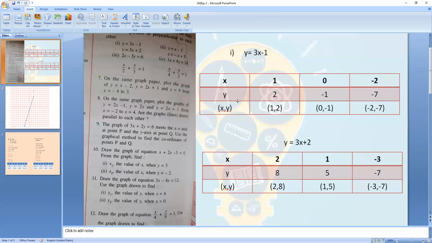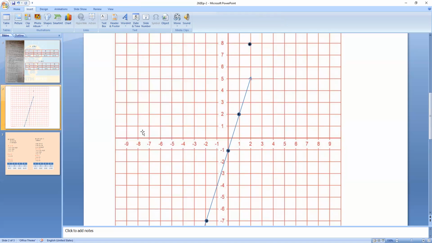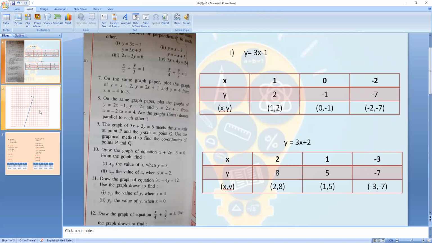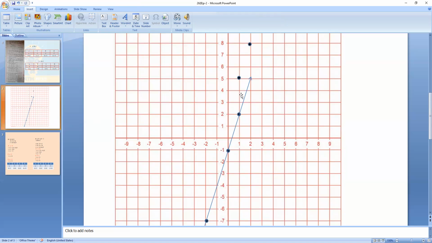Next 1 comma 5. So where will you get 1 comma 5? This is 1 comma 5, right? Next, third one is minus 3 comma minus 7. So here we'll get minus 3 comma minus 7, right?